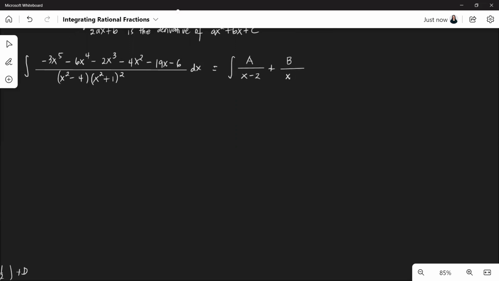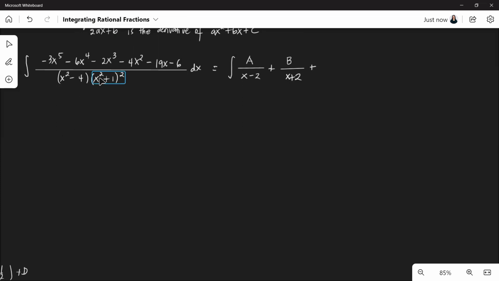And then for the repeated quadratic factor, x squared plus 1 is not reducible. It's not factorable. If you have a sum of two squares, it's not factorable. You can only factor it if it's a difference of two squares. So it's an irreducible factor.